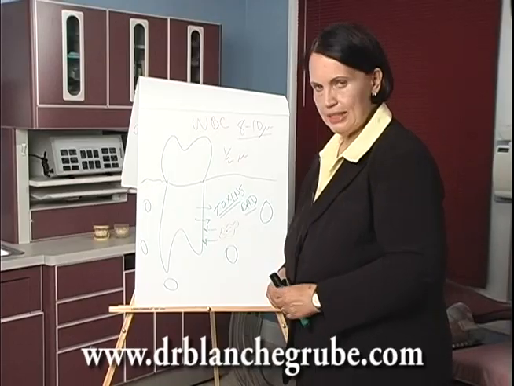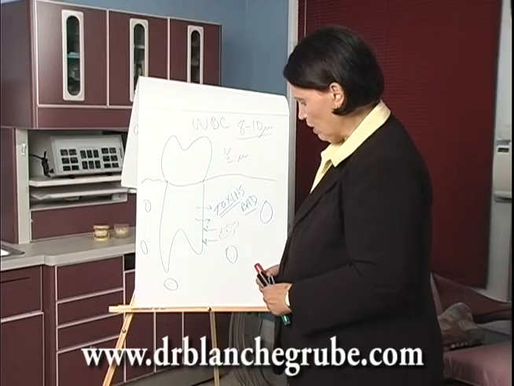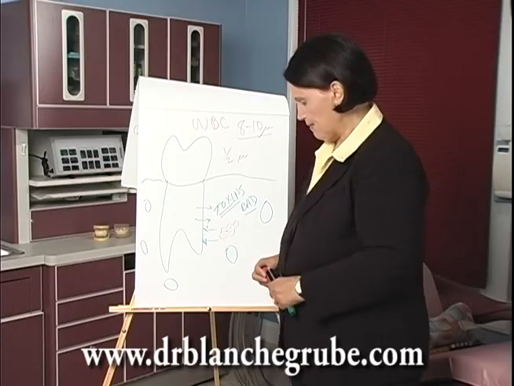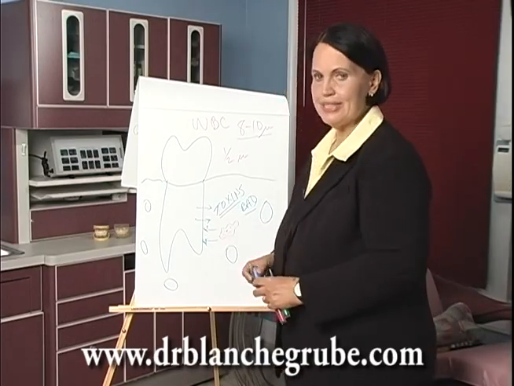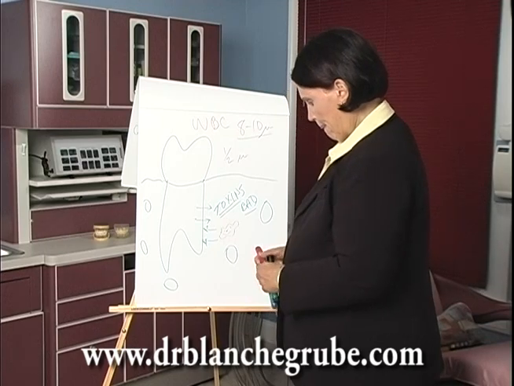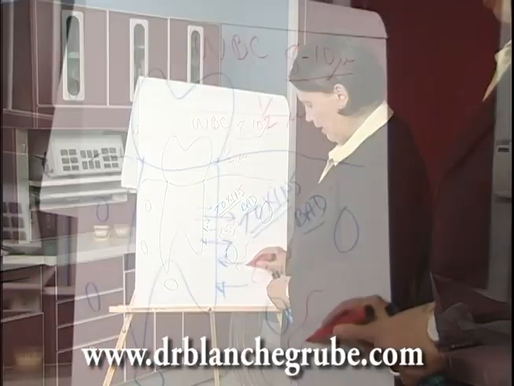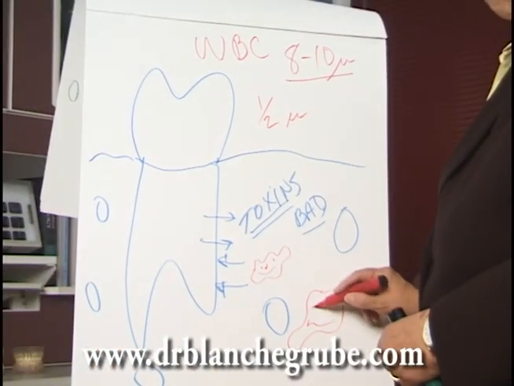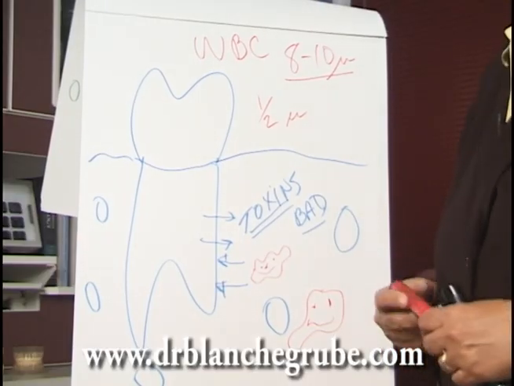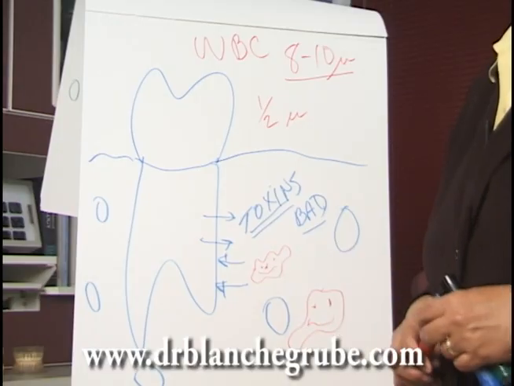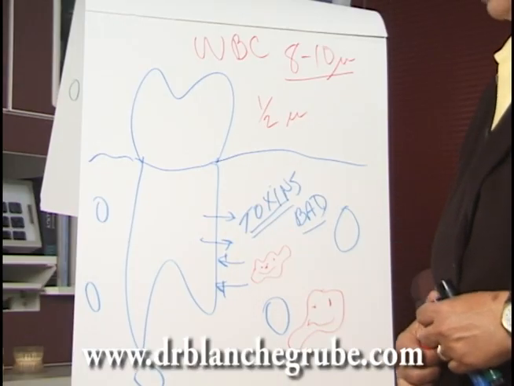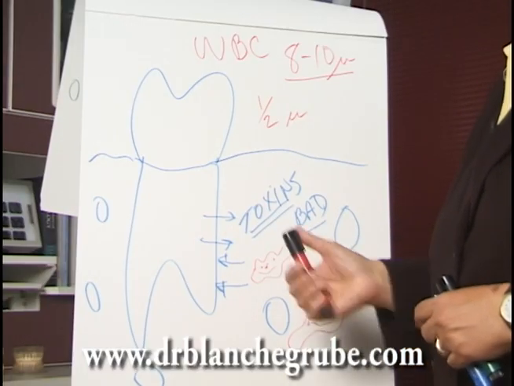White Blood Cell only lives 7 days. So on day 6.5, he calls his friend. His friend's name is Nicky. He says, hey, Nicky. Here comes Nicky. Nicky's a little bit bigger. He's swimming by. He says, hey, Nicky, listen, I've been watching this tooth for 6.5 days now. There's some really bad toxins coming out of it. Smell really bad.